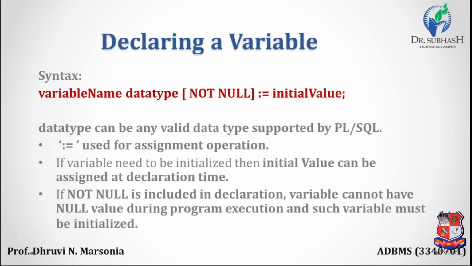How to declare a variable? Let us see the syntax: variable name, data type, in brackets NOT NULL, colon equals initial value. The data type can be any valid data type.